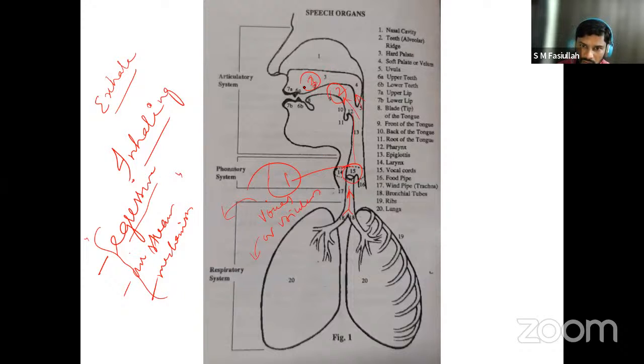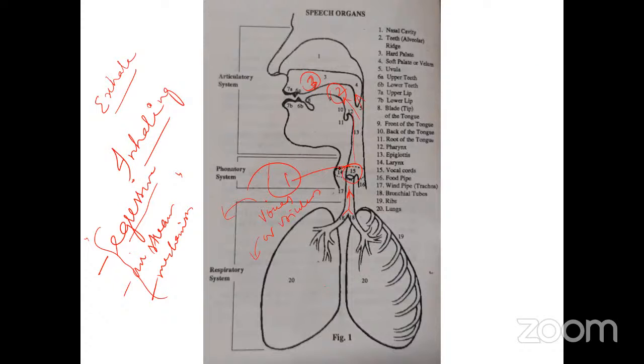Second is the mouth, and third is the nose, the nasal cavity. These are the three different places where air that should go out freely is not going out freely, but is being used by our body for production of sound. I hope it is making sense to you.